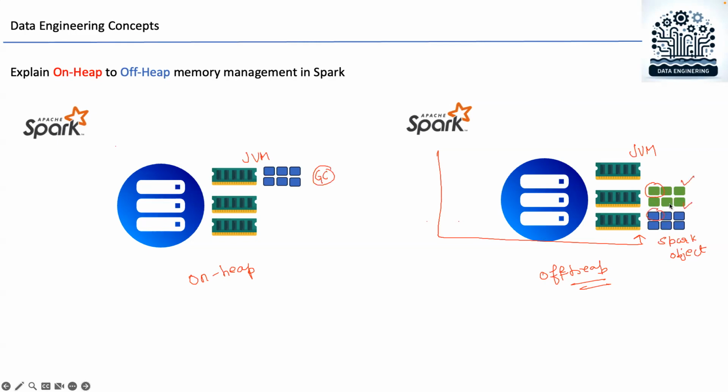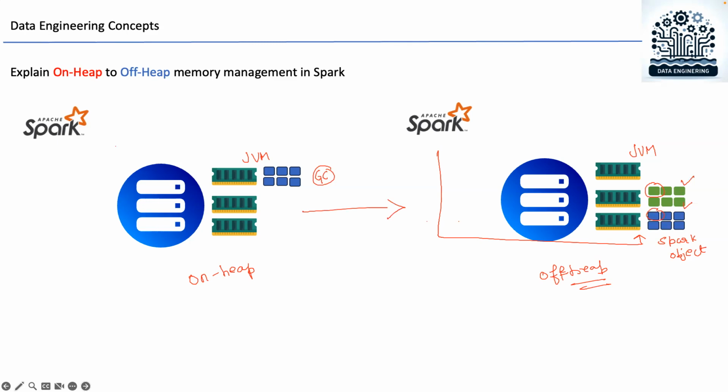Now, in Spark, transitioning from on heap to off heap memory can be beneficial for large datasets. By storing data in off heap, Spark can handle more data in memory at once, which is crucial when it comes to performance for memory intensive tasks. Now, it also means that this is an option, right?